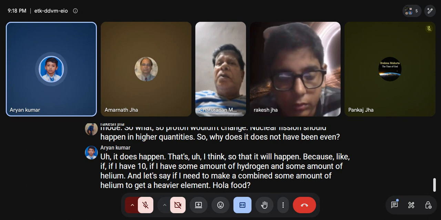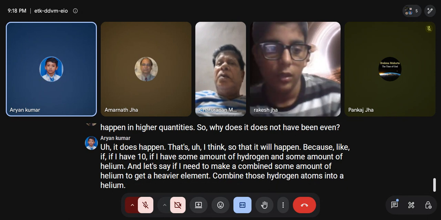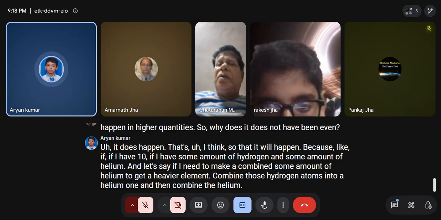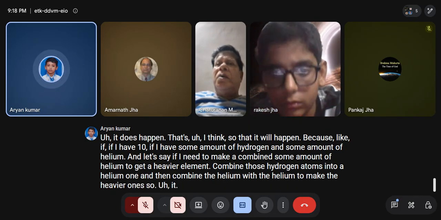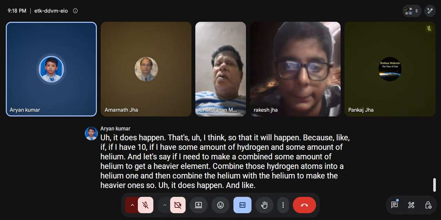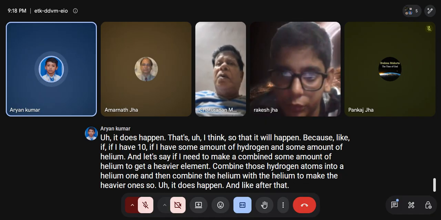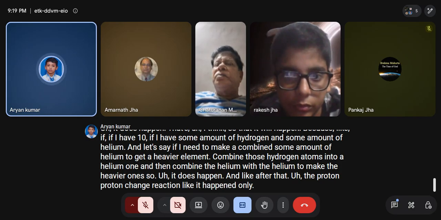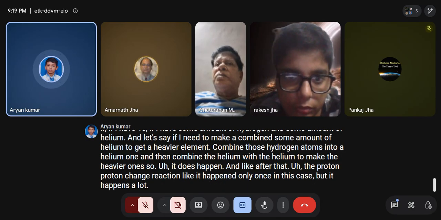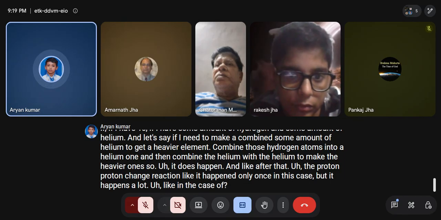Combine those hydrogen atoms into helium, and then combine the helium with the helium to make the heavier ones. So it does happen, but the proton chain reaction happened only once in this case, while it happens a lot in the case of bigger stars.